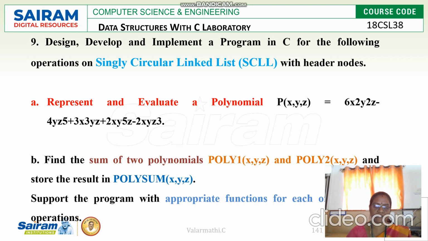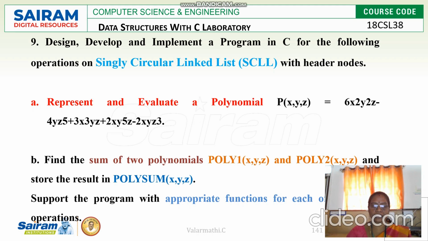So we are going to implement the concept of a singly circular linked list. For this application, we are going to evaluate a polynomial equation called P of x, y, z. That means three important variables are given. The first task is to evaluate the polynomial expression and give the value of that expression. The second task is the addition of two polynomial equations. The polynomials are given as poly 1 and poly 2 with respect to the three variables.